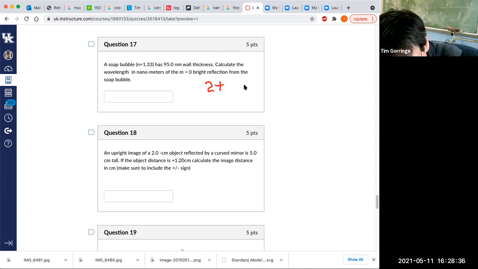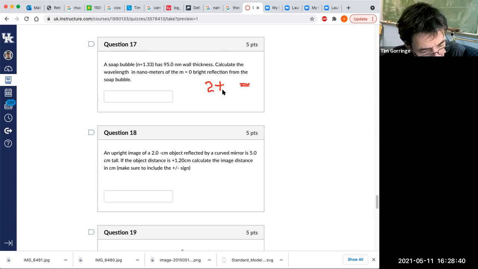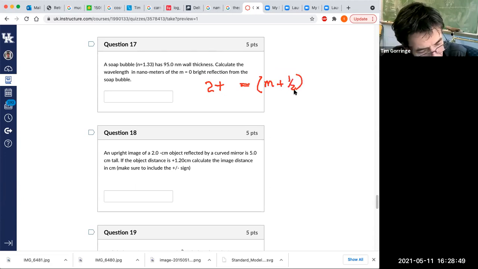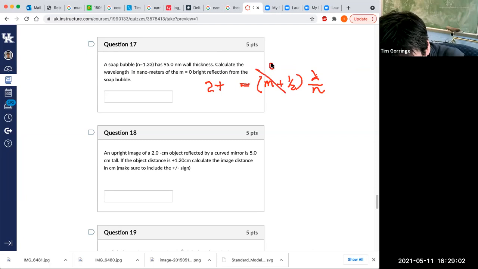The general equation is that twice the thickness of the soap bubble, so that's 2t, is going to be m plus a half times the wavelength of the light in the soap bubble, which is the wavelength of the light in air, lambda, divided by n. Now, in our particular case, m is 0. We're thinking about the 0th order constructive interference.